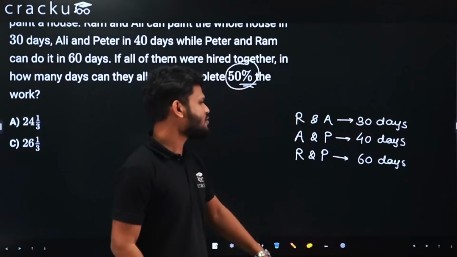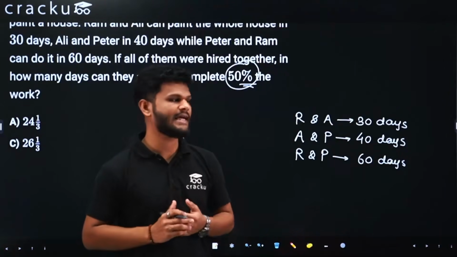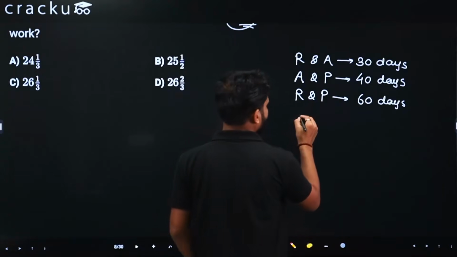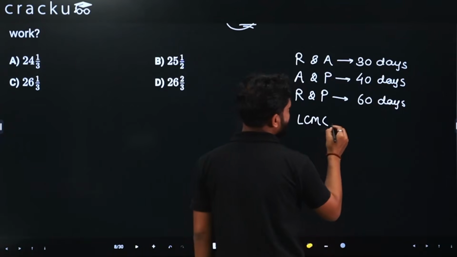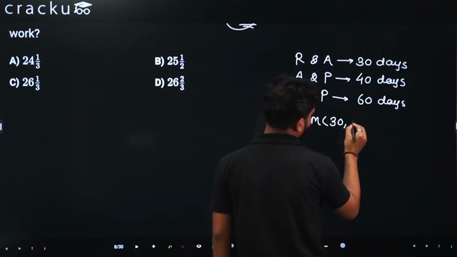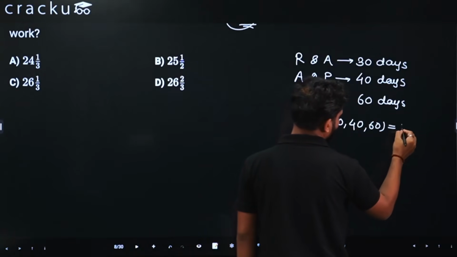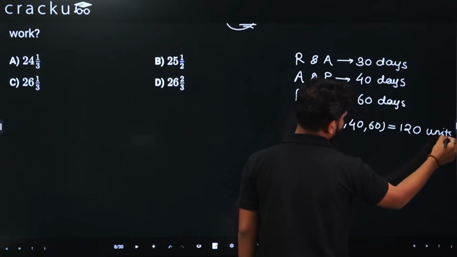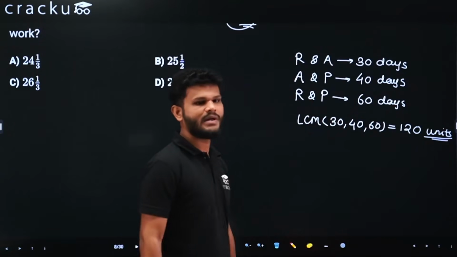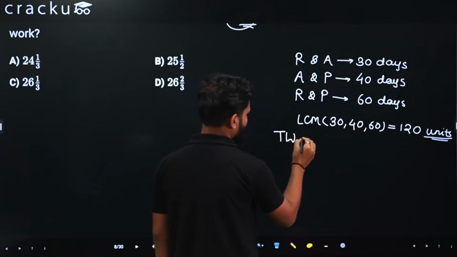Correct? So whenever you are given the days, you can assume the total work as the LCM of these days. The LCM of 30, 40, 60 is 120. So let us say the total work to be done is 120 units.